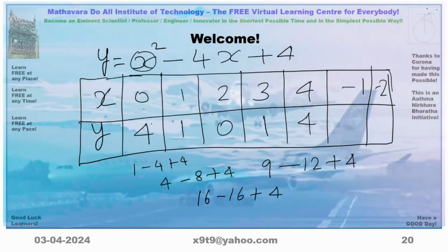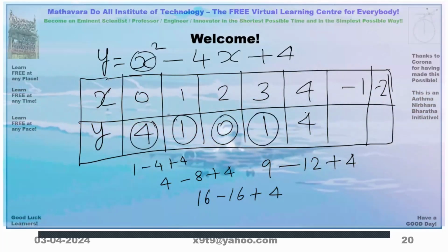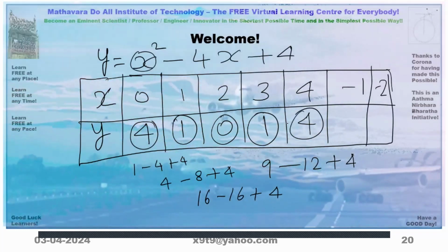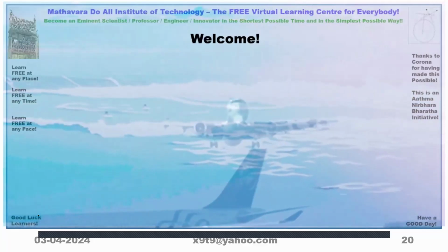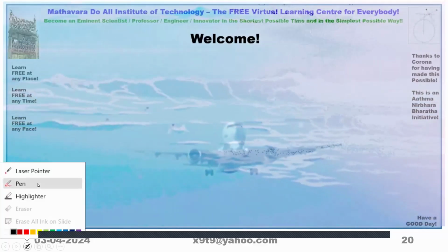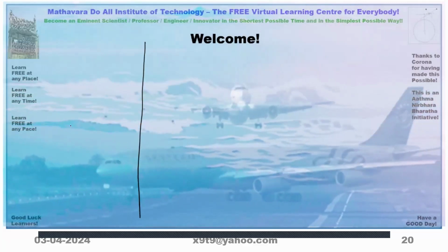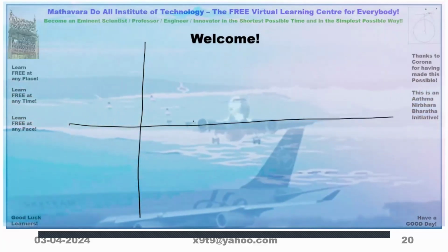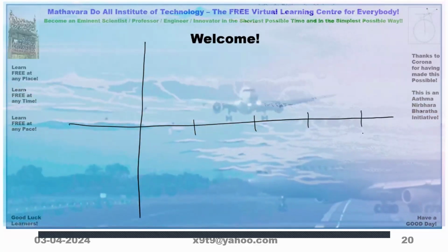Now, these values we will plot for x values. So 1, 2, 3, 4.